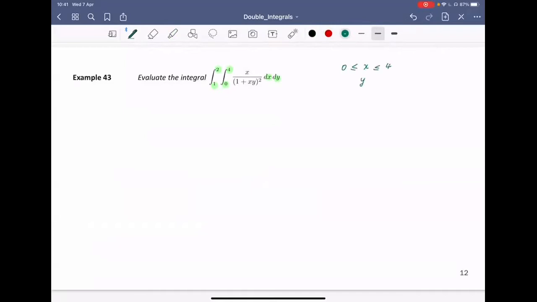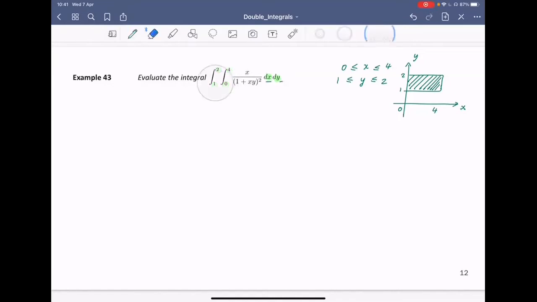You have y between 1 and 2. Okay with that? So that means the area that you want to integrate with respect to now, it's x from 0 to 4, y from 1 to 2. It's actually this rectangle. Does it make sense? X from 0 to 4, y from 1 to 2.